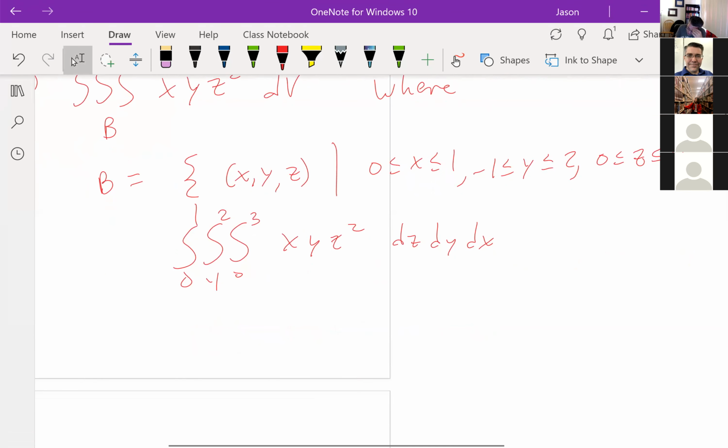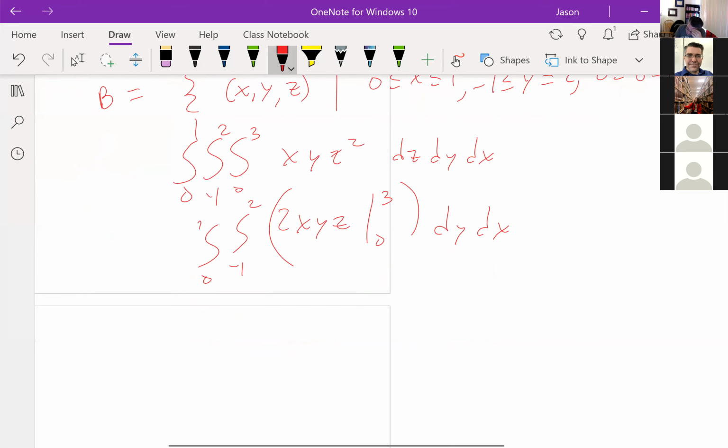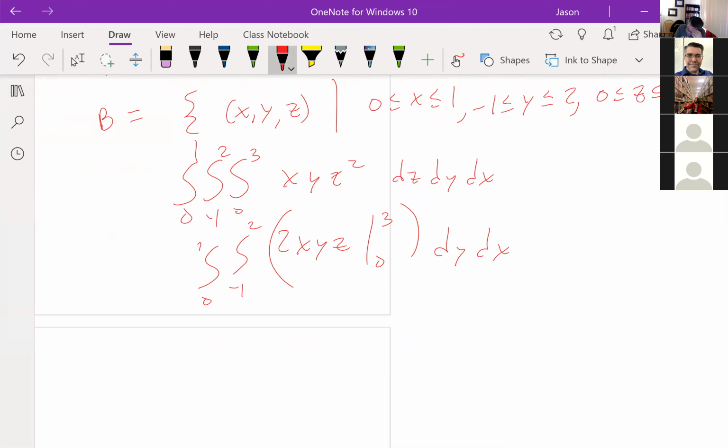So let's integrate this guy here. This is going to be 2xyz evaluated from 0 to 3. Then integrate -1 to 2, integrate 0 to 1, dy dx. Plug in the 3 and the 0, this is going to be 2 times 3, which is 6. So this is 6xy now.